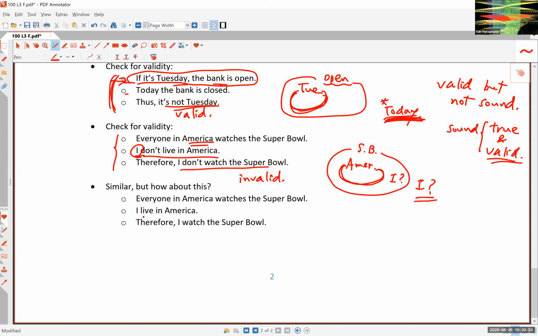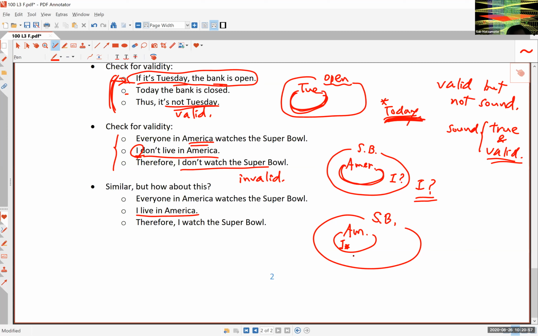All right, this one here. This one says, everybody in America watches the Super Bowl, okay? First statement is still the same thing. If you are in America, you watch the Super Bowl. See that? I live in America, so you're right here. You have to be inside of the inner circle by this second statement. I live in America, which means I am inside of the inner circle.